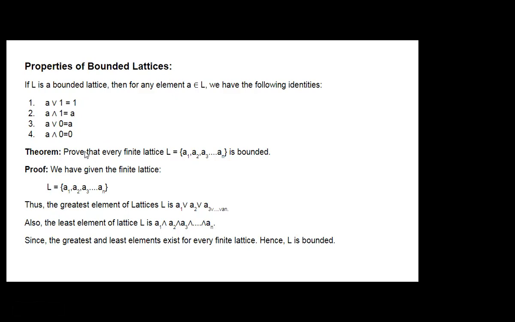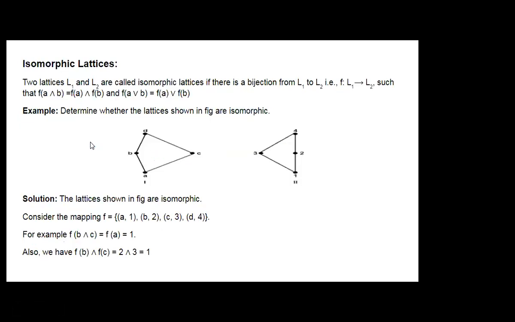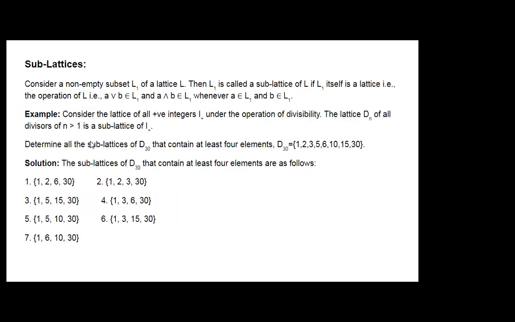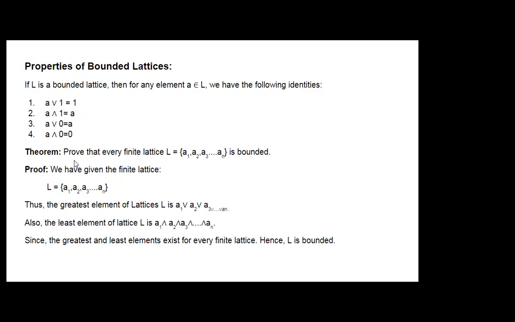Okay, now what is the theorem given here? The theorem given is: prove that every finite lattice L equal to A1, A2, A3, up to An is bounded. Okay, what we have to prove is that every finite lattice L equal to A1, A2, A3, up to N is bounded. What will the proof of that be?